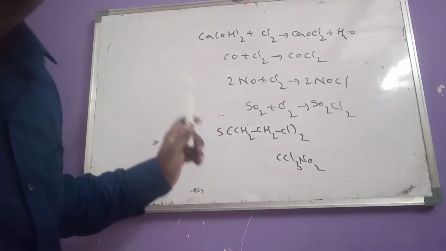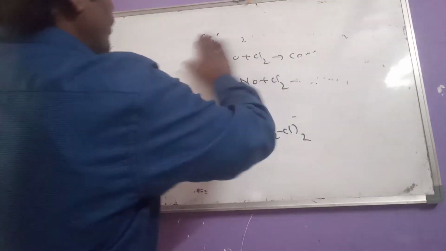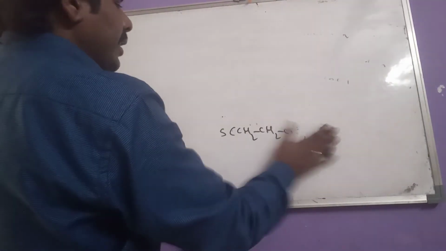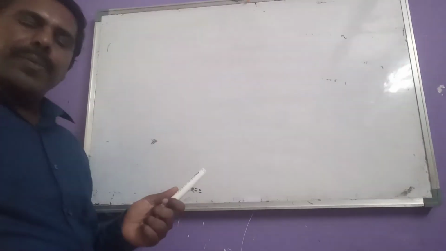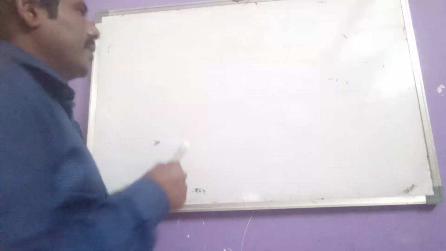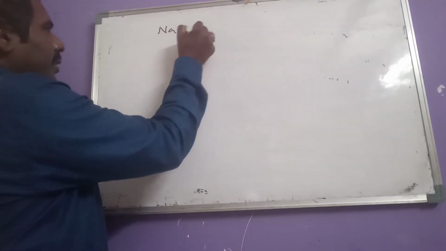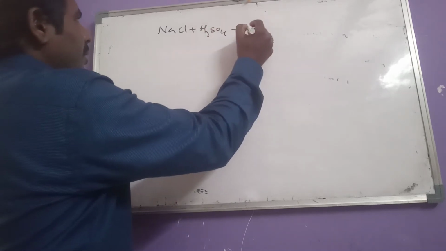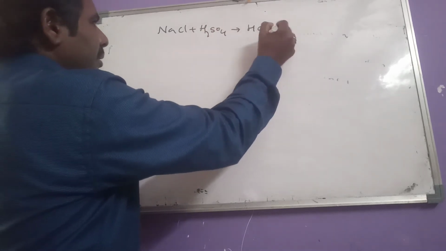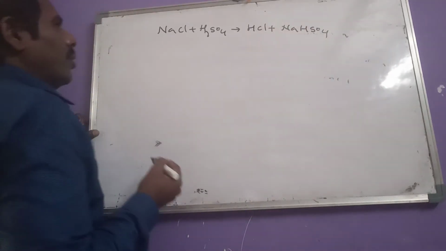Okay, then our next topic is HCl, hydrogen chloride. So how to prepare hydrogen chloride? Let us see here. When NaCl is treated with concentrated sulfuric acid, we get HCl plus NaHSO4.